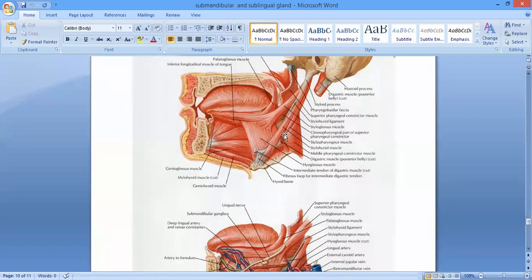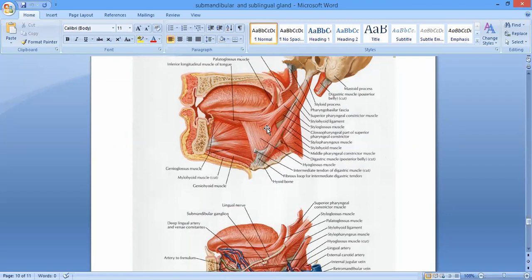I told you before that these two muscles run closely parallel to each other. So the medial surface, any problem with the medial surface, beta? No. Okay.